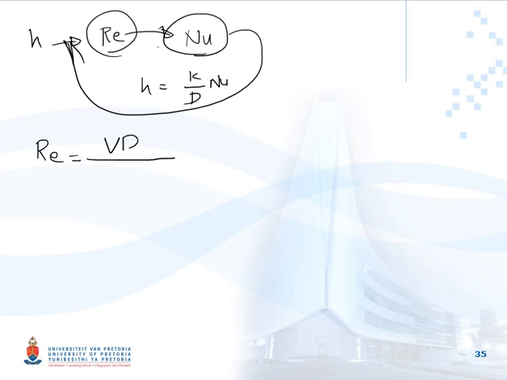So Reynolds is VD divided by nu. We know the speed, but of course it's in kilometers per hour. We need to change it to meters per second, so 25 divided by 3.6.